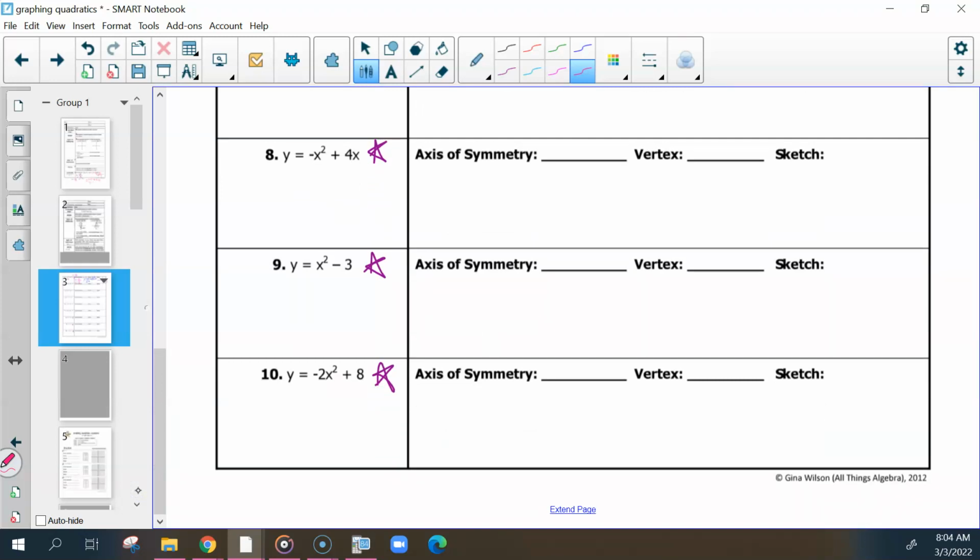These quadratics are missing some terms. They can still be done though. So find our axis of symmetry. We still have our b. So that would be x equals negative 4 over 2 times negative 1, or negative 4 over negative 2.